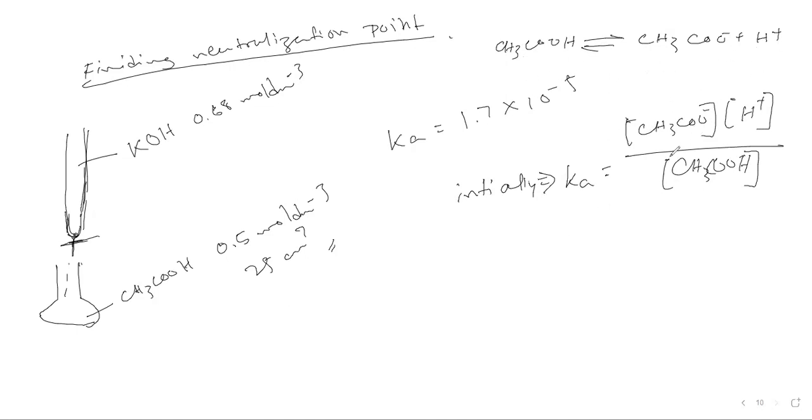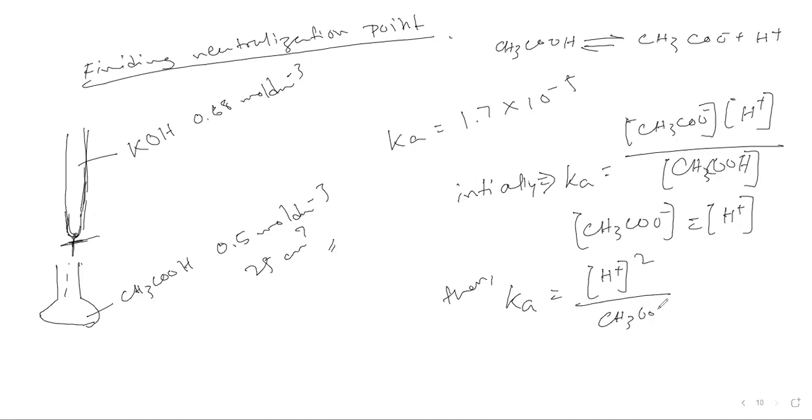Now we assume the concentrations of CH3COO minus and H plus are equal. So if CH3COO minus is equivalent to H plus, then we can simply write Ka as H plus squared divided by CH3COOH, isn't it?